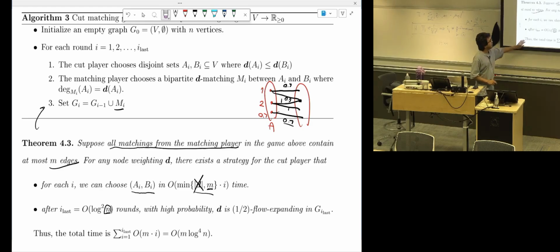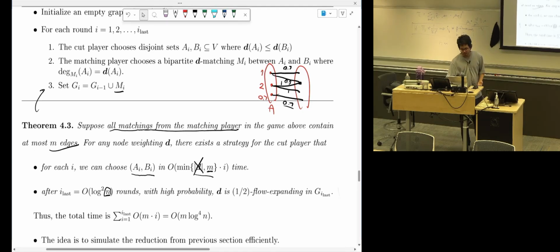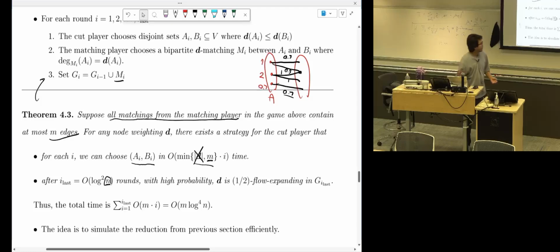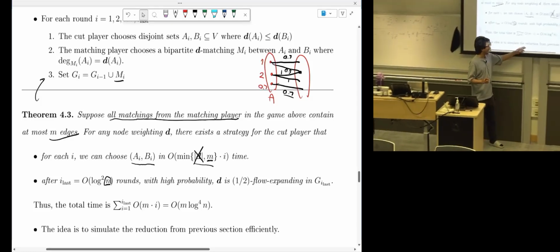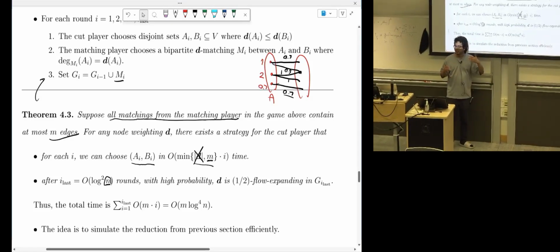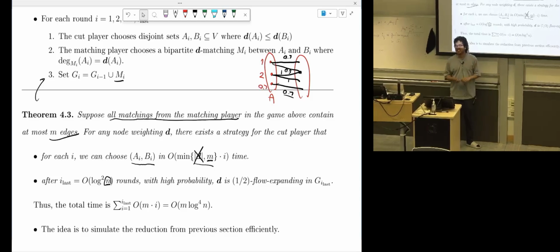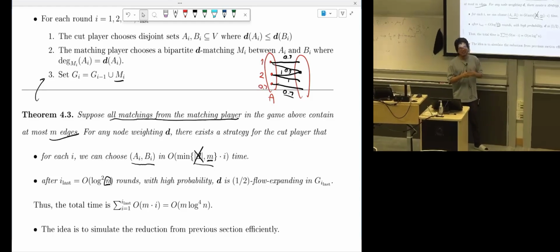So this works, and how to do this? Well, the idea is to simulate the reduction, but do it in the analysis. Just follow the same approach, but do it in an analysis, and then it works.